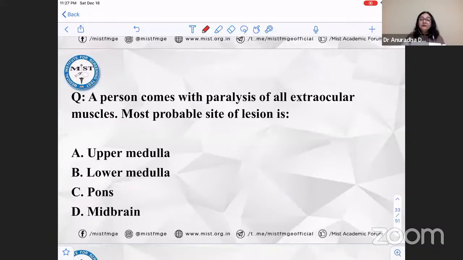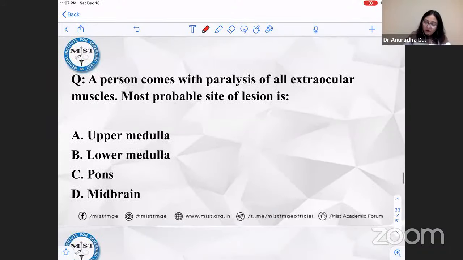A person with paralysis of all extraocular muscles, what is the most probable site of lesion? So in the brain, what will be the most probable site of lesion if a person has paralysis of all extraocular muscles? We know the extraocular muscles, the recti and the oblique muscles. Let us see the choices given: upper medulla, lower medulla, pons, midbrain.